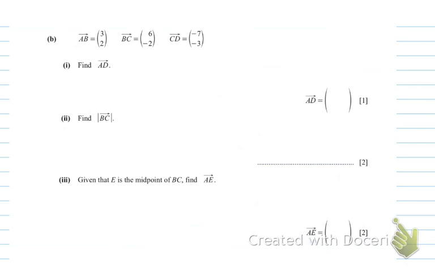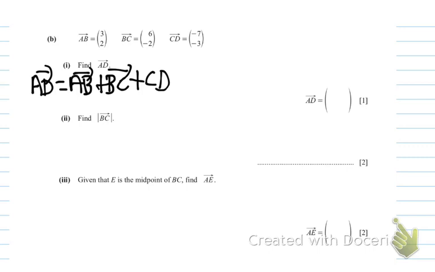AB vector is (3, 2), BC vector is (6, -2), and CD vector is (-7, -3). All you need to do is find the vector AD. First, you can break AD into three components: AD is equal to AB plus BC plus CD.